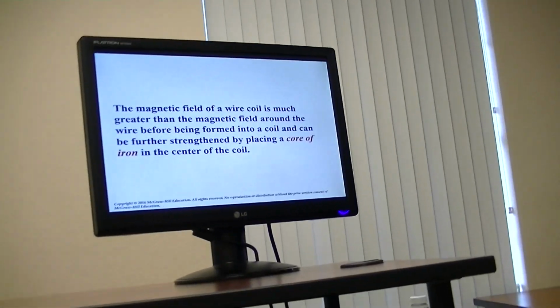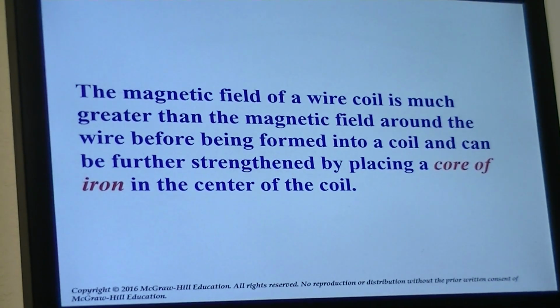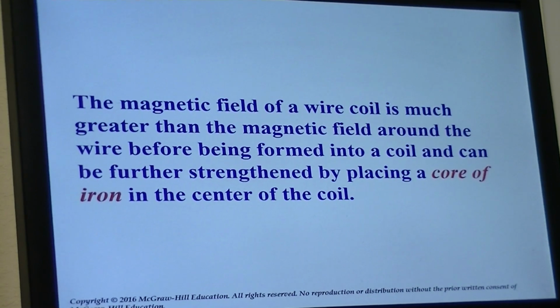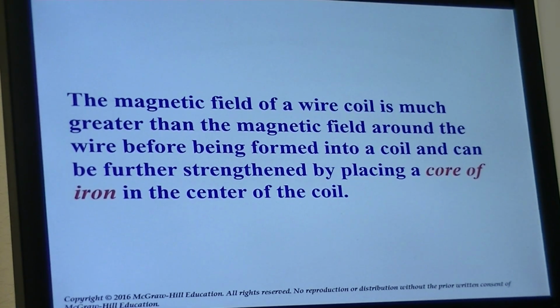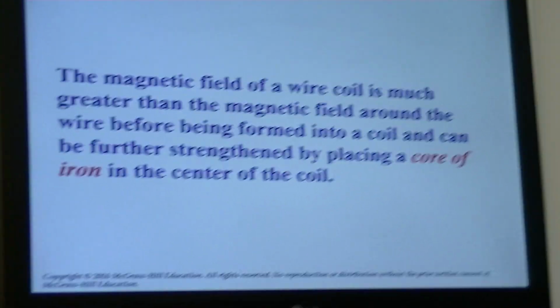The magnetic field of a wire coil is much greater than the magnetic field around the wire before being formed into a coil, and can be further strengthened by placing a core of iron in the center of it. Well, you remember you can have a core of air, all right?